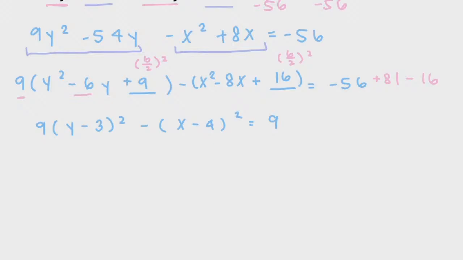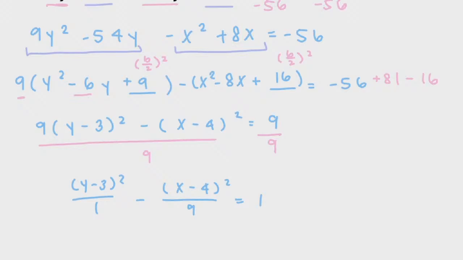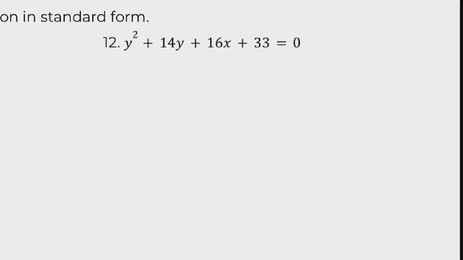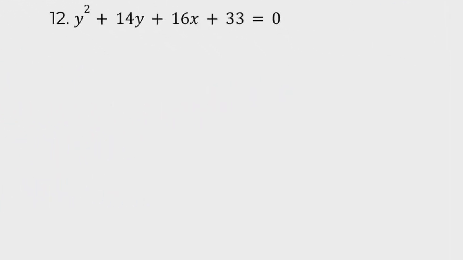So since this is a hyperbola, we want this to equal 1 on the right, so we're going to divide both sides by 9. So we get y minus 3 squared over 1 minus x minus 4 squared over 9 equals 1. And for the last one, we have y squared plus 14y plus 16x plus 33 equals 0.